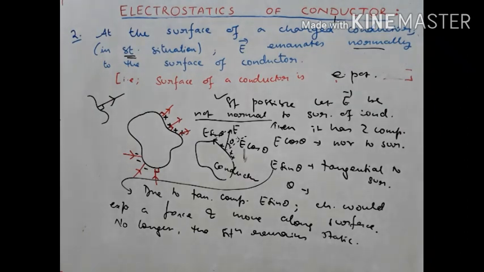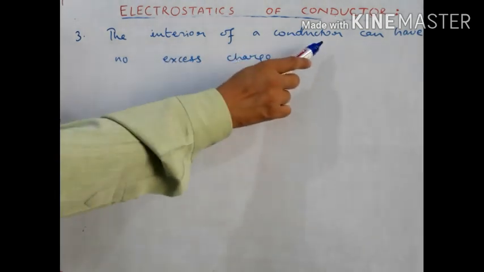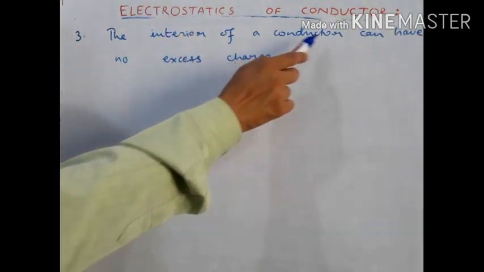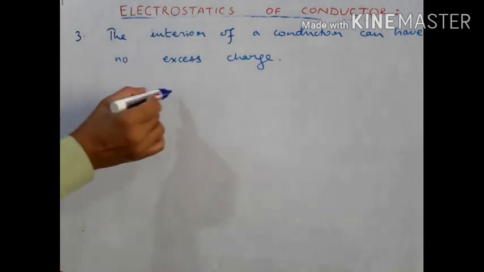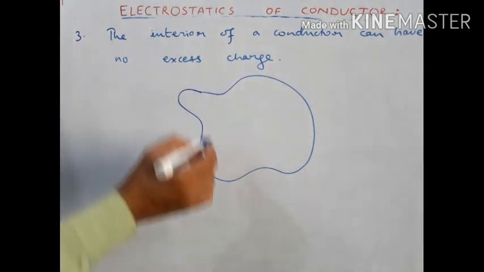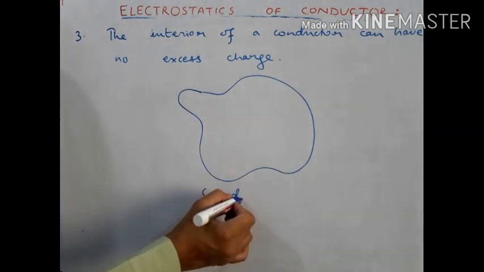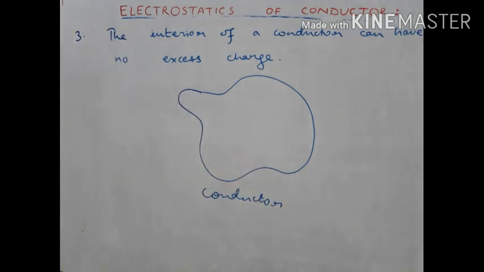So this is about the second property. Let's see some other properties for electrostatics of conductors. The next property is also very important. It says the interior of a conductor, that means inside the conductor, cannot have any excess charge. Suppose this is a conductor. It may be neutral, it may be uncharged, it may be charged.